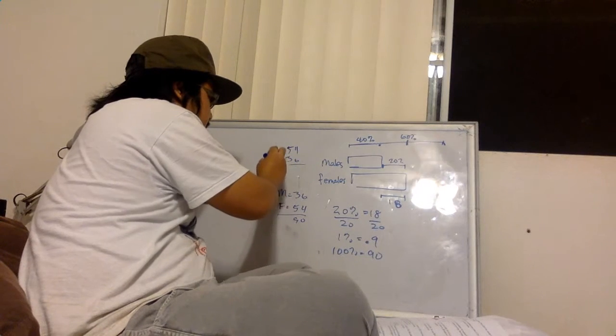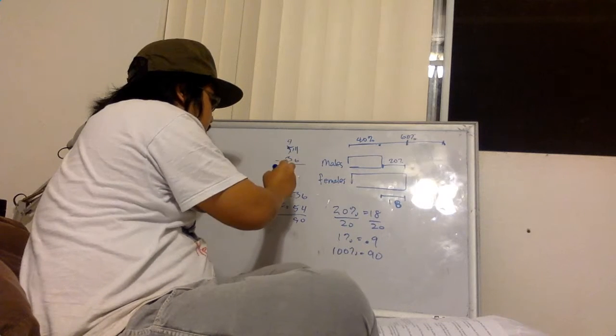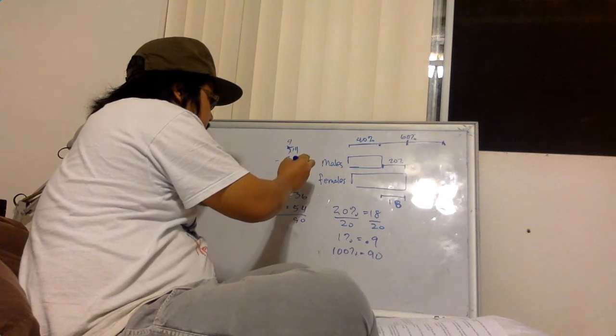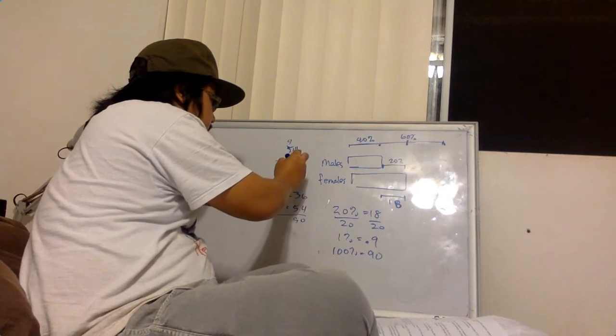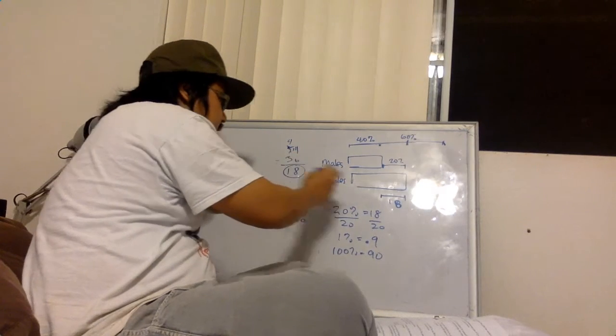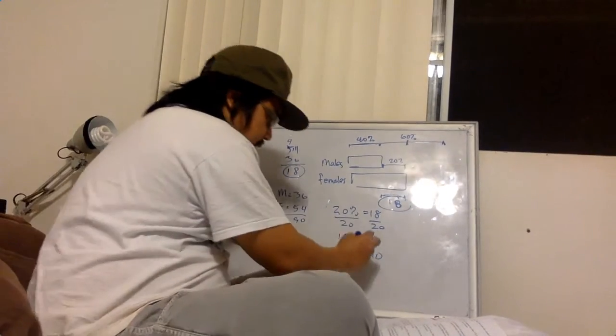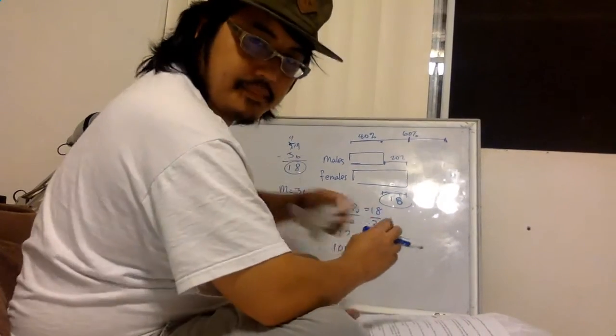Well, borrow 1 from here, do that, drop this down. 14 minus 6 is 8, 4 minus 3 is 1, 18. Good, so my answer is 90, and I'm pretty confident about that.